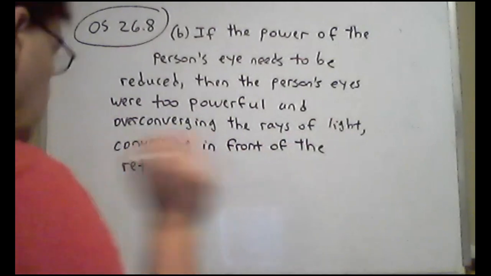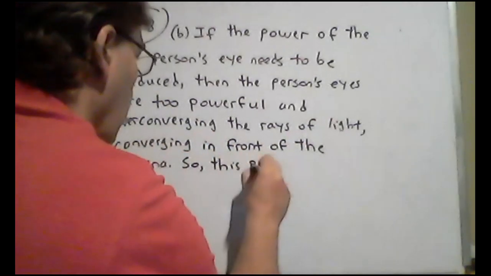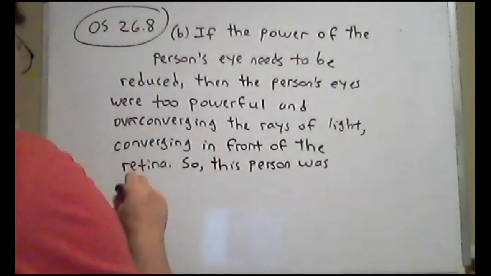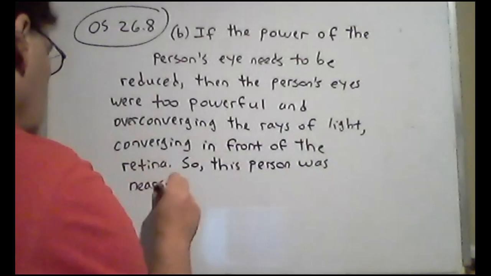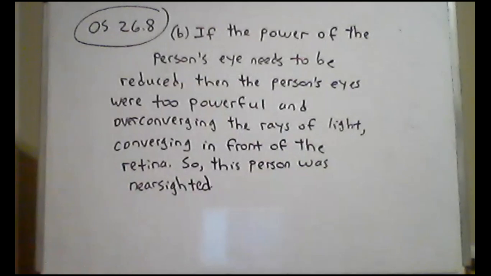So this person was nearsighted. That's part B. I get that from just reading the problem.